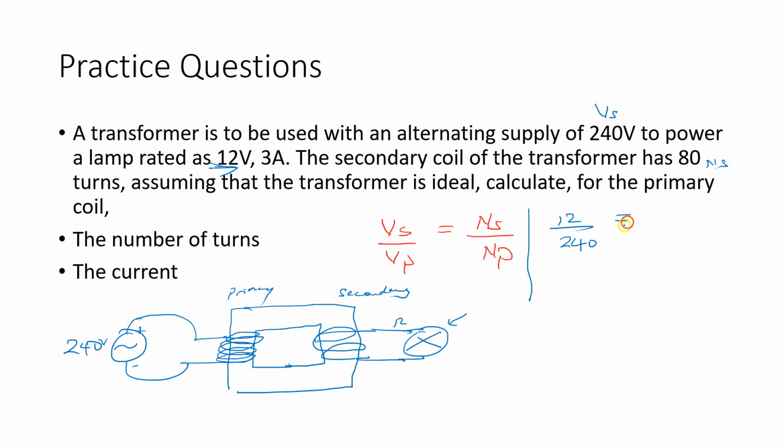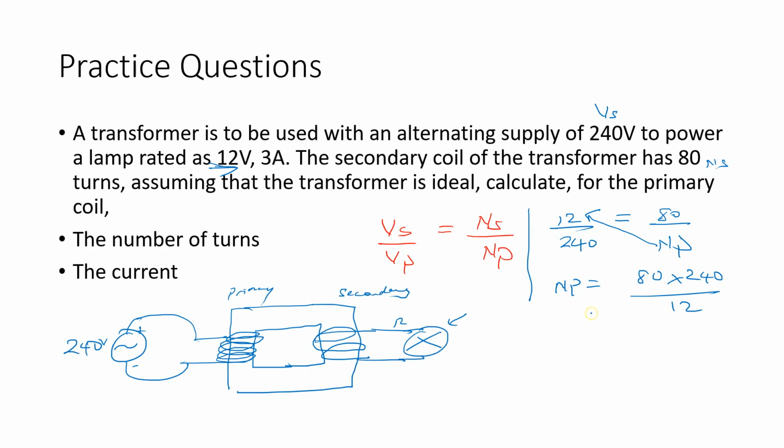My number of turns on the secondary is 80, and I want to find NP. So I just need to transpose to make NP the subject. When I bring this across, NP is equal to 80 times 240 divided by 12. By this, we can tell that the number of turns on the primary should be higher than the number of turns on the secondary.